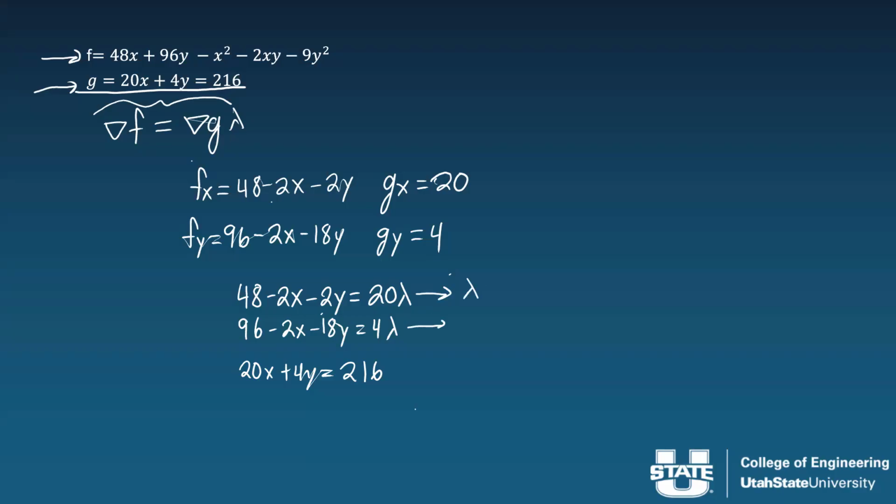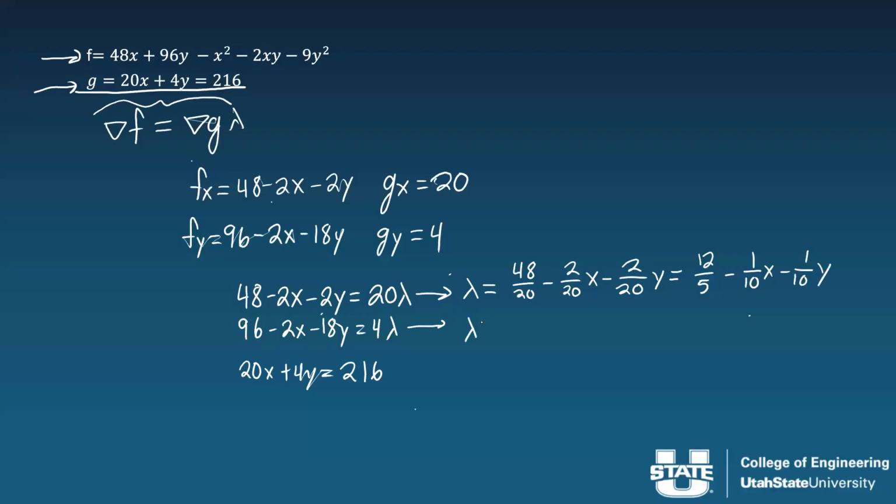So for the top one, lambda is going to be 48 over 20 minus 2 over 20x minus 2 over 20y. And that can simplify a little bit. We get 12/5 minus 1/10 x minus 1/10 y.